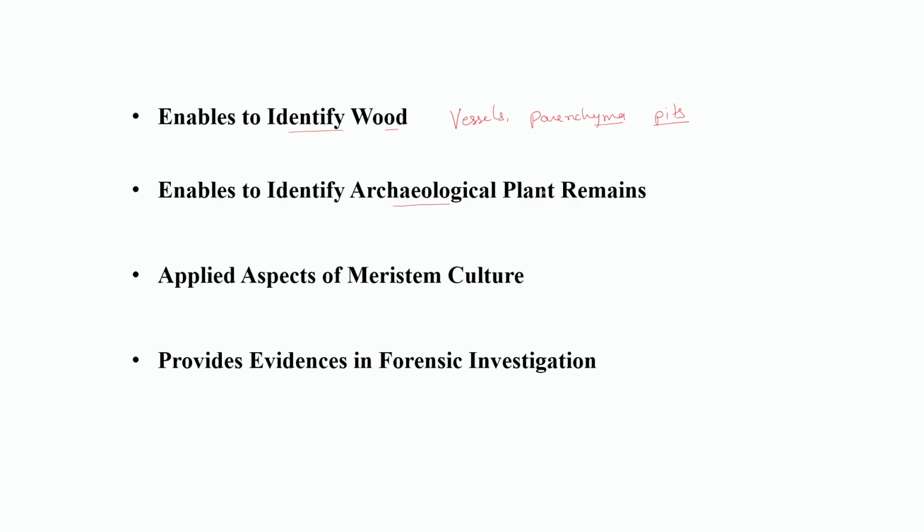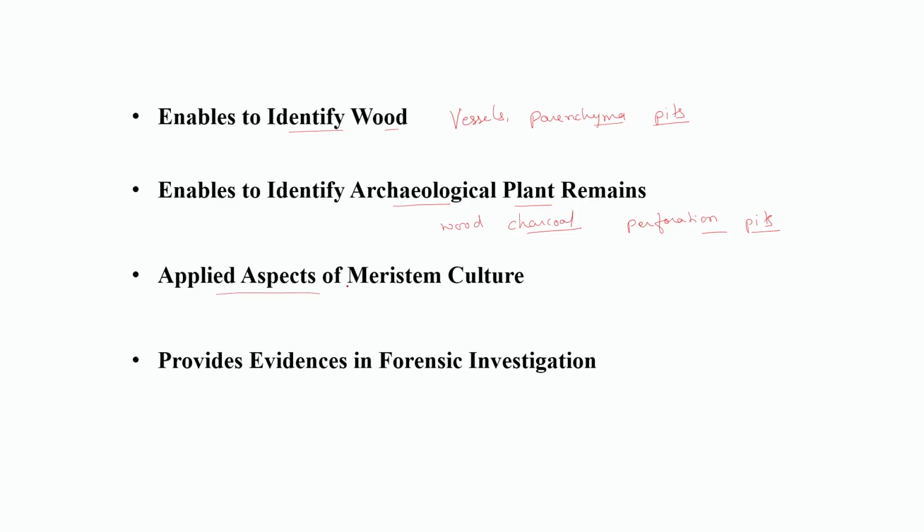Similarly, in archaeology, anatomy is very important. You can identify specimens based on their anatomical structures, particularly wood or even pieces of charcoal. If they are there, you can identify them on their perforation plate. These anatomical structures are still preserved, and on that basis you can identify them.